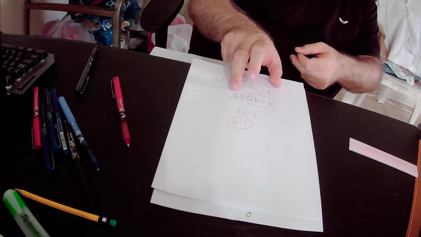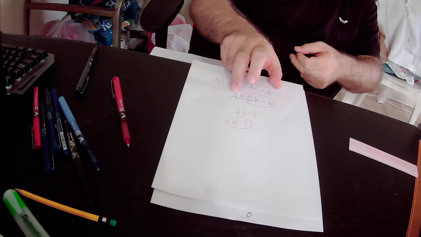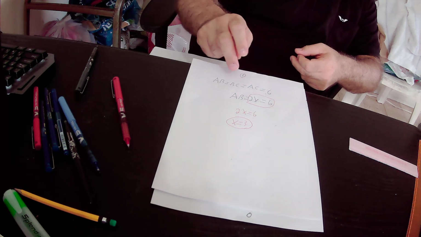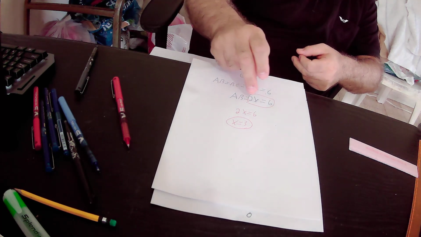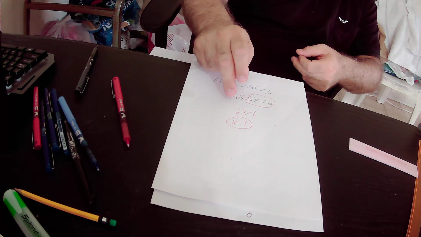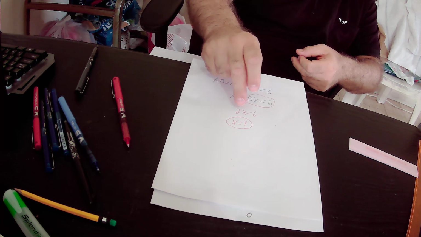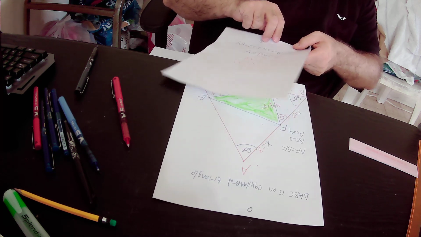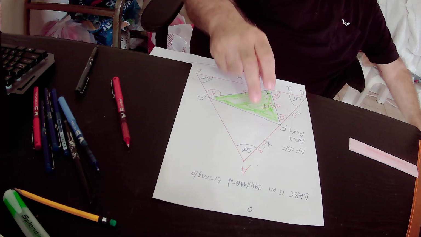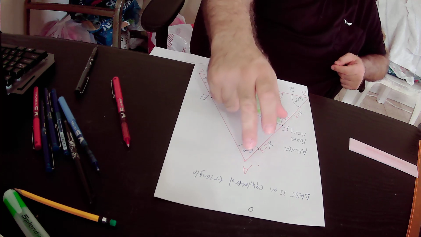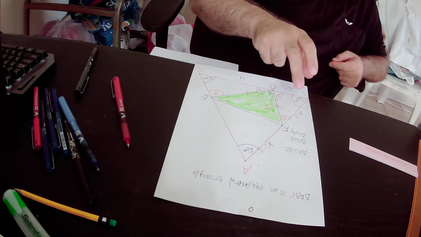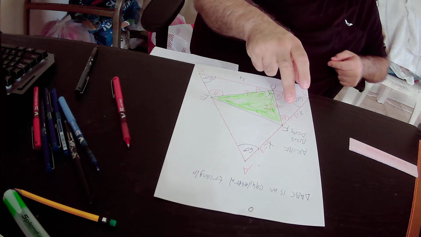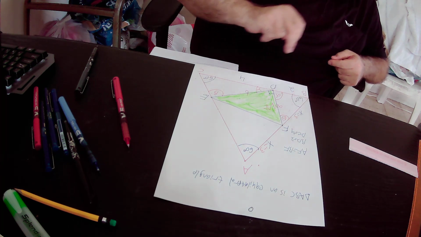We divide this equality by 2 and we get that x equals 3 units. That is to say, AF equals 3 units, and BF, which equals x, also equals 3 units.